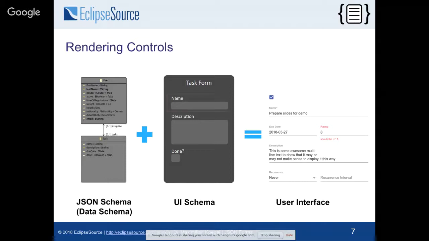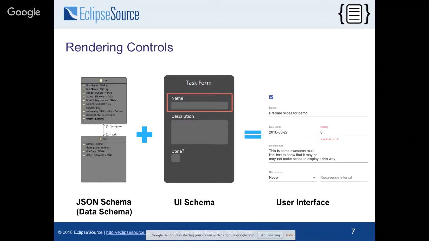So what is a control? If we look at this representation here, a control is, in very general terms, some input element where you can edit a part of the data, usually exactly one property or attribute.